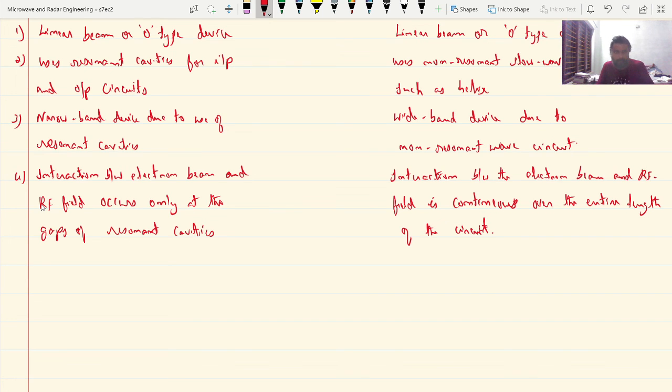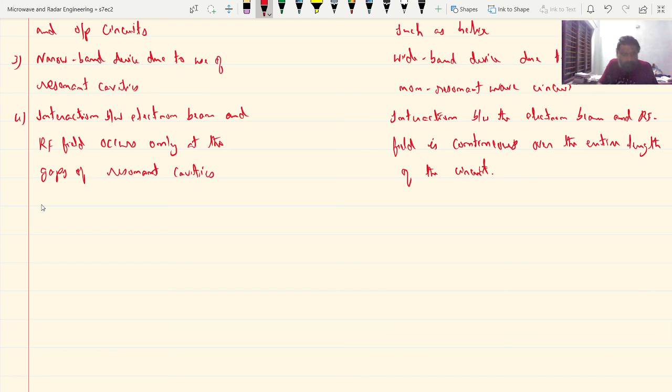That is the fifth point I will write. The wave in the klystron is not a propagating wave.